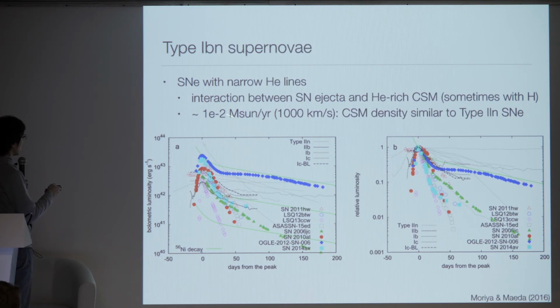The mass loss rate for these type 1bn supernovae is estimated to be around 10 to the minus 2 solar masses per year or something like that. So this progenitor doesn't have much hydrogen, but still it can have a similarly high mass loss rate shortly before the explosion.